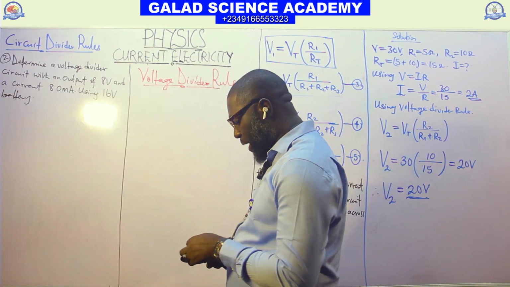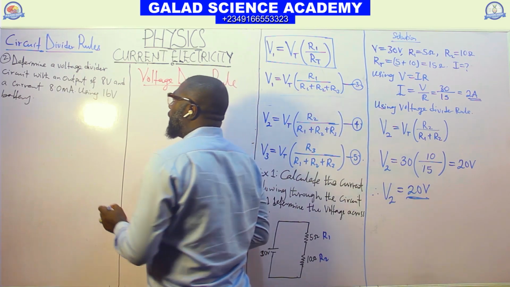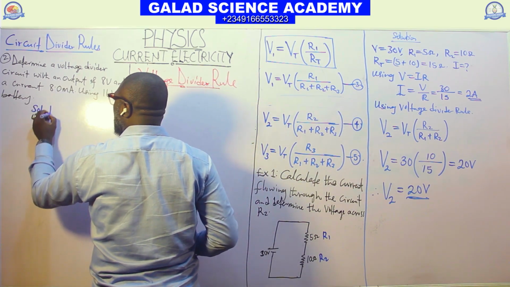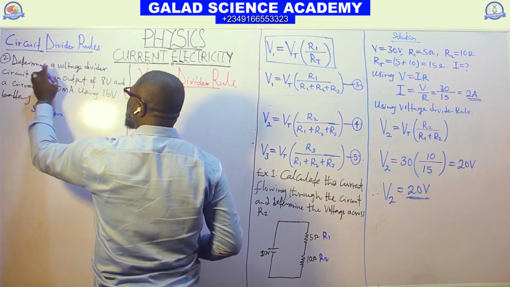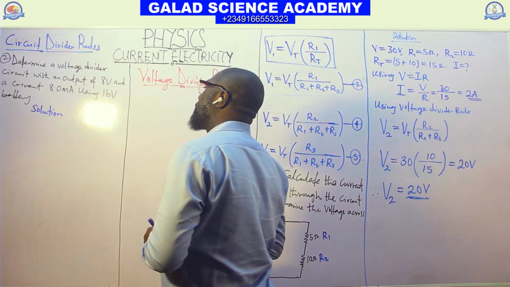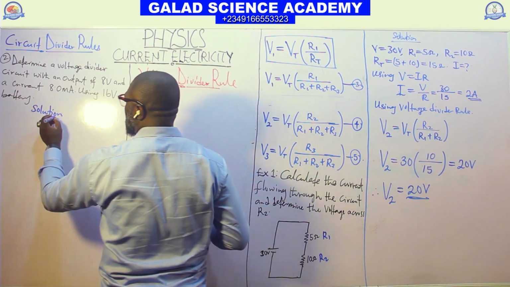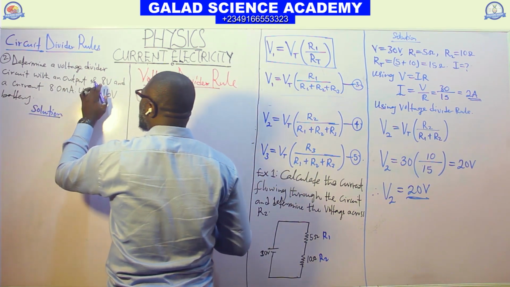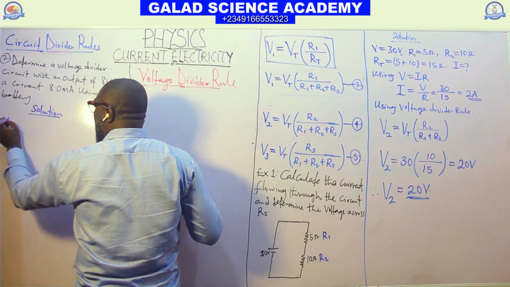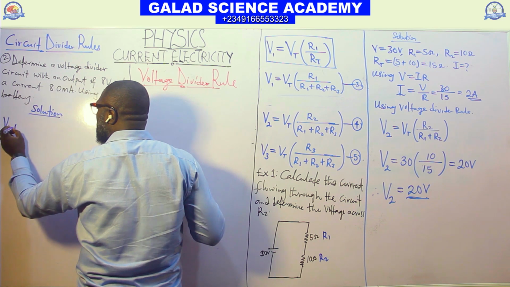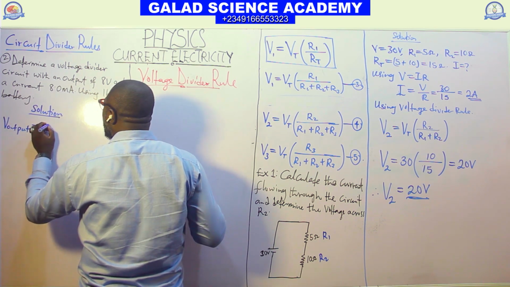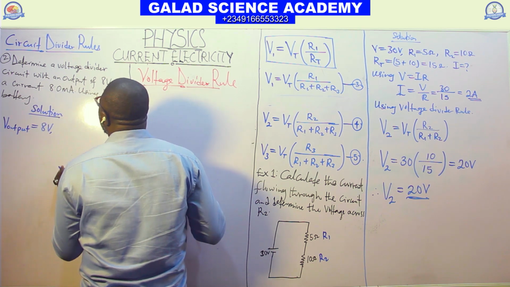We are asked to determine a voltage divider circuit with output of 8 volts. So our output voltage is 8 volts. Good.